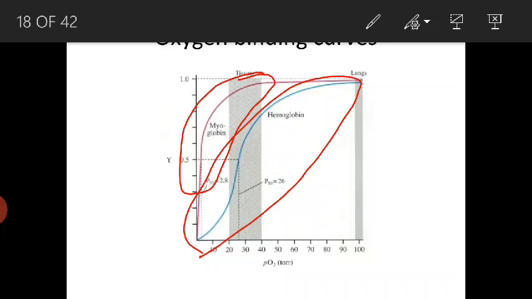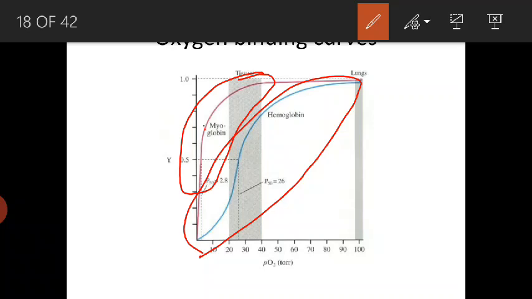So we can see the half saturation point, that is 50% saturated, 50% of myoglobin is saturated with oxygen at 2.8 millimeters of mercury, whereas for hemoglobin we can see that the half saturation point is almost at 26.